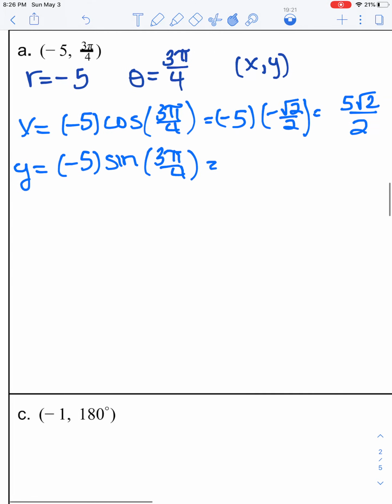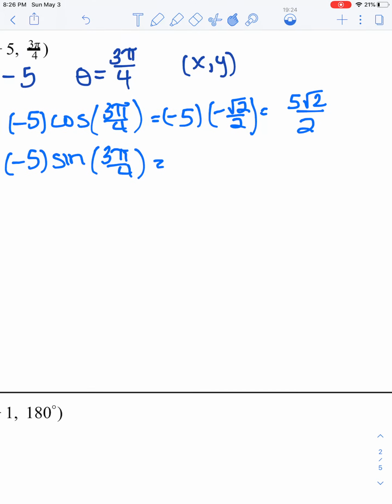So from our unit circle, we know that sine of 3 pi over 4 is √2 over 2. So we're able to say that this is -5 times √2 over 2. This gives us a y value then of -5 √2 over 2.